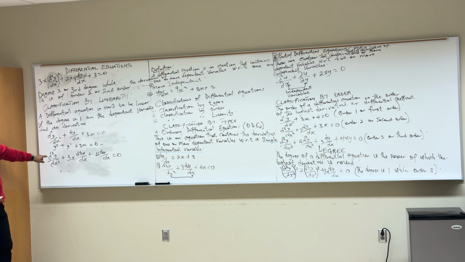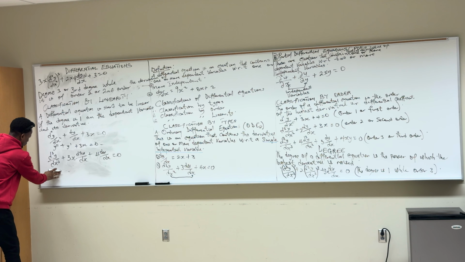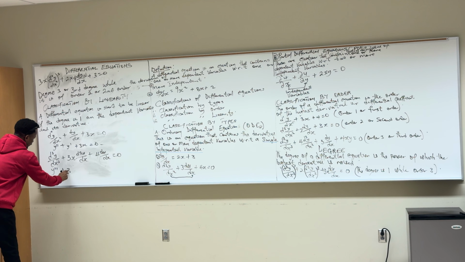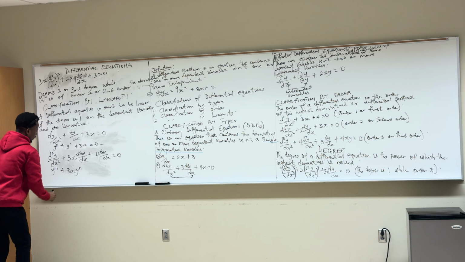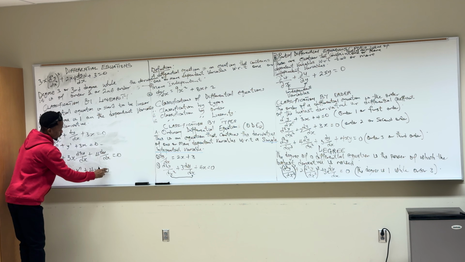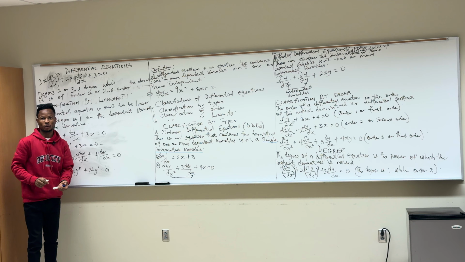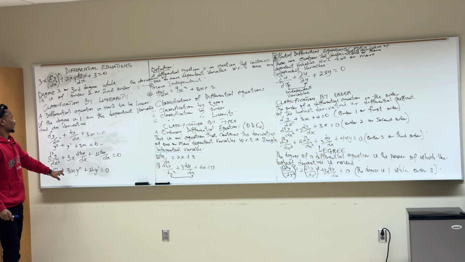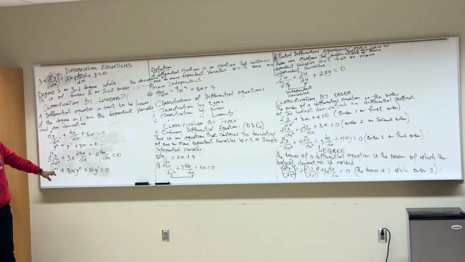Why? Because the degree here is 1. And this also can be written as 3x y double prime plus 4 y prime equals 0. So by implication, this is a linear differential equation.